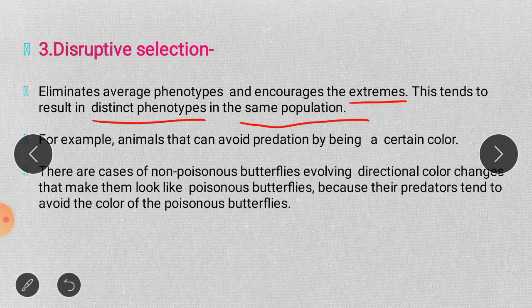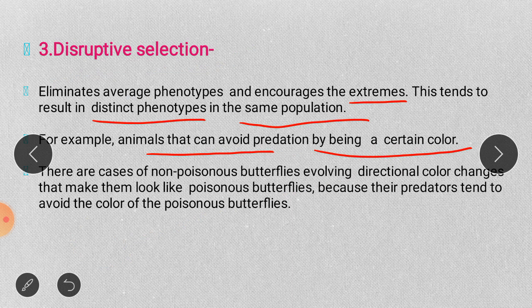So for example, animals that can avoid predation by being a certain color. So we have cases of non-poisonous butterflies evolving directional color changes, so that they look like a poisonous butterfly.